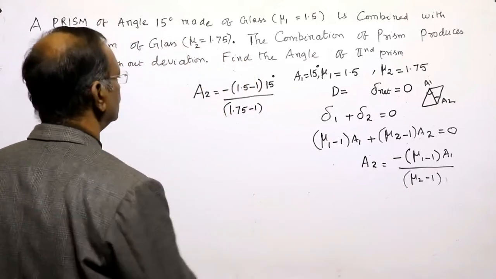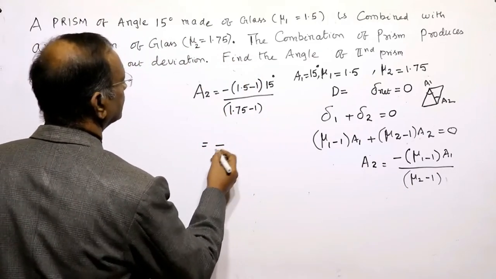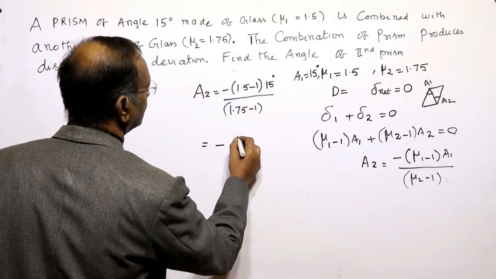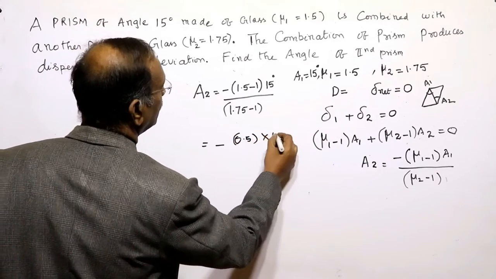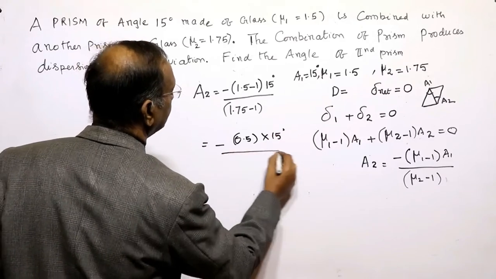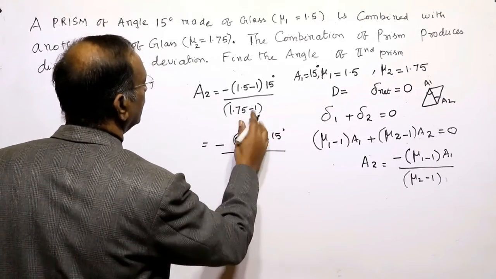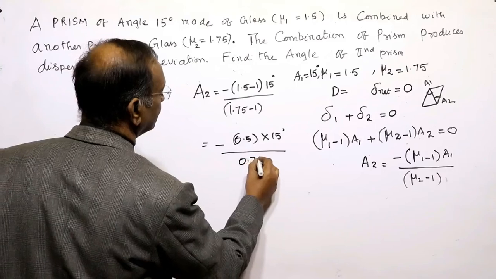So we get minus (1.5 minus 1), which is 0.5, into 15 degrees, divided by (1.75 minus 1), which is 0.75.